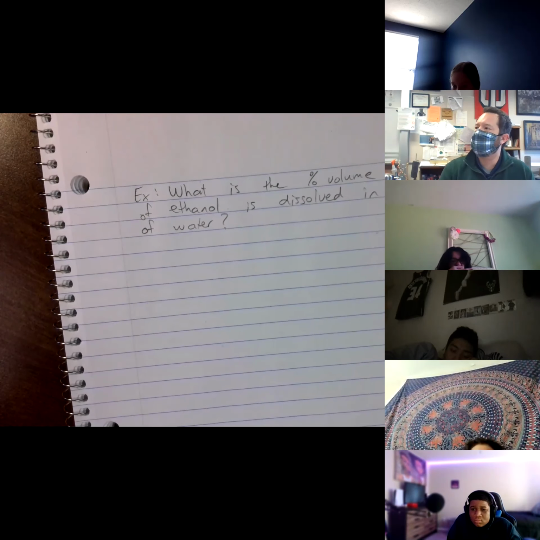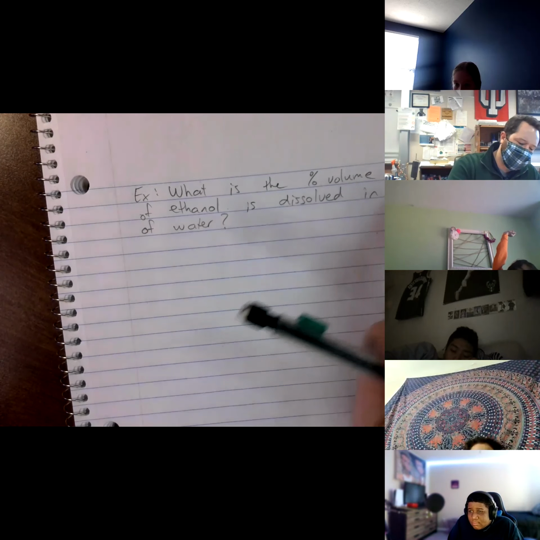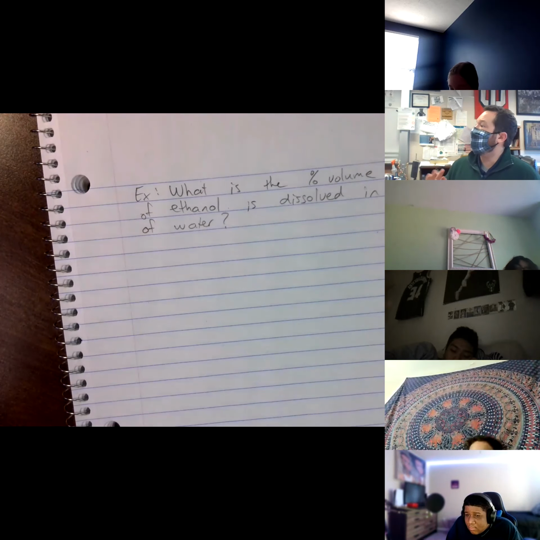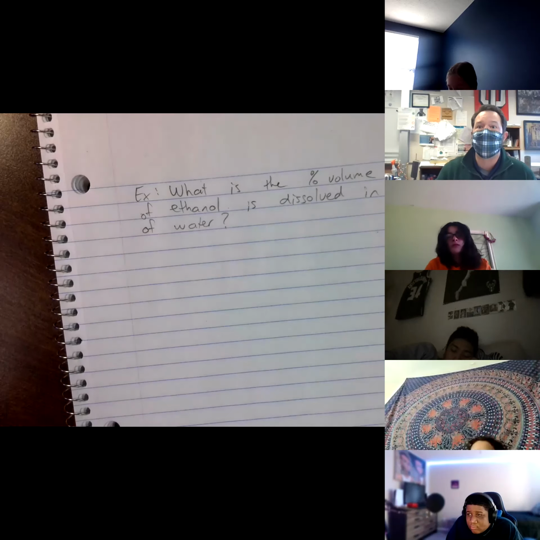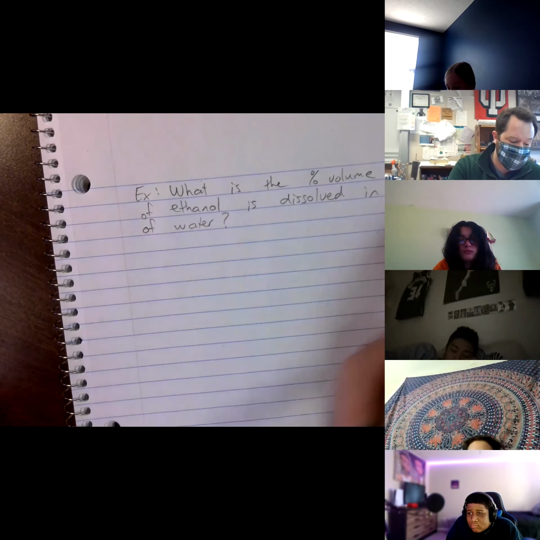So here's an example of how these 2 problems are different. Boy, they look really similar out the gate, don't they? We've got our 45 milliliters of ethanol, and we got our 125 milliliters. The big difference, and you guys are going to have to catch this, I'm pretty sure it happens at least once in your homework, is that this is 125 milliliters of water.